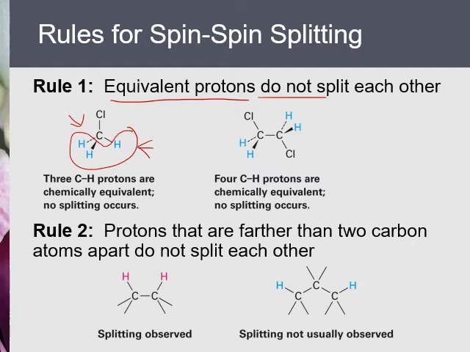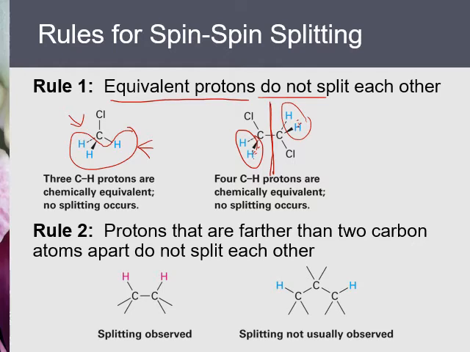In the second molecule, the molecule is symmetric. This is the symmetry line. So all these hydrogens are equivalent, and therefore they don't split each other, even though they are on adjacent carbons. So they only show 1 absorption line.